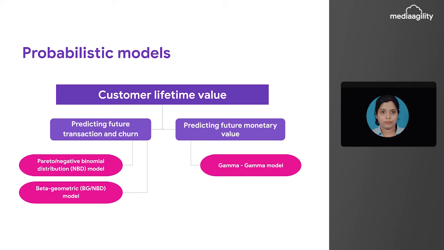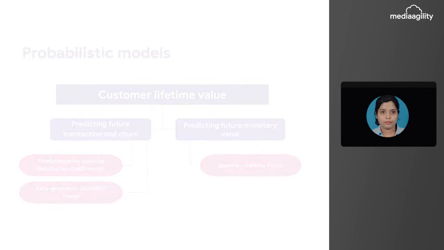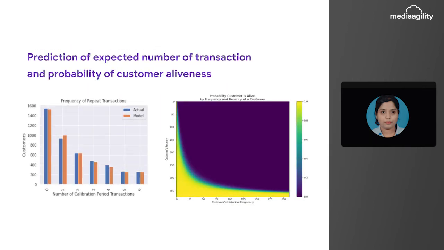Similarly, by using the Pareto and BG-NBD models, we can find customer churn also, that means the probability of the customer being alive. By using the BG-NBD model, here we calculate the future transactions. Here is a graph showing actual transactions and expected transactions. And this other graph is showing the probability of the customer being alive.